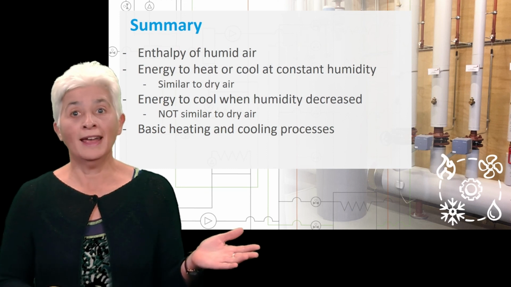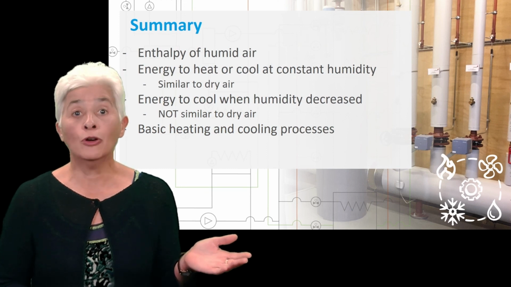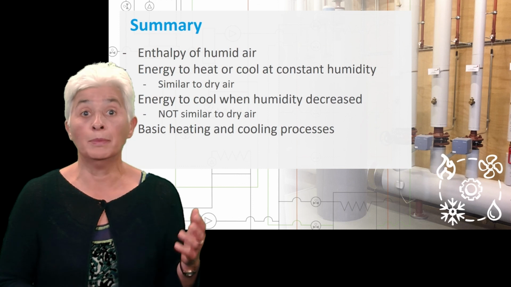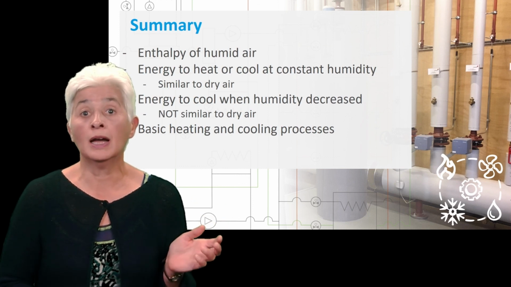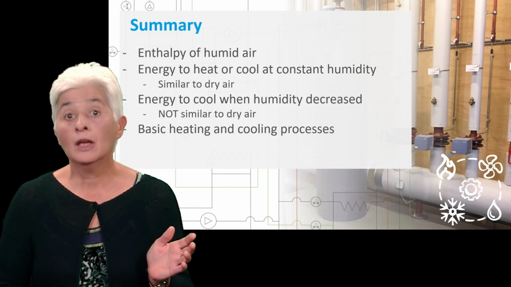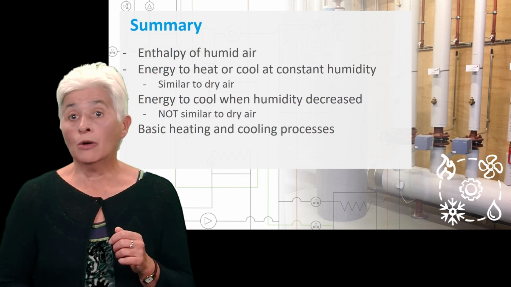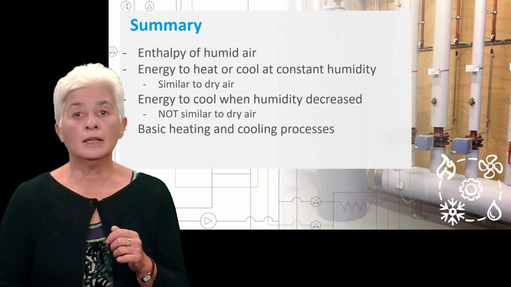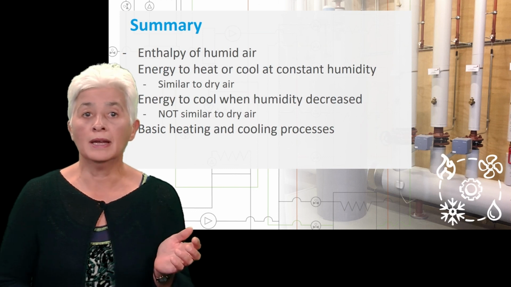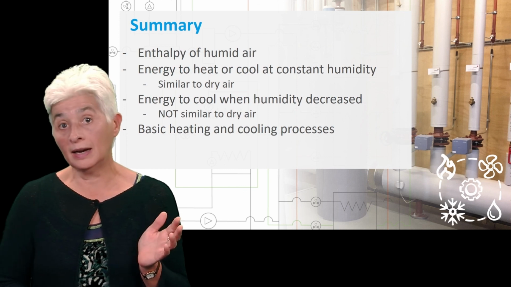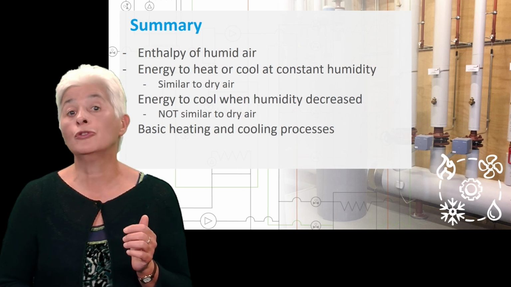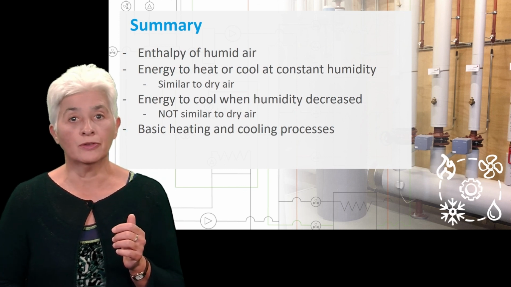This brings us to the end of this lecture, in which you have learned how to calculate the enthalpy of humid air and how to read its value on Mollier and psychrometric charts. You also know now that the quantity of heat needed to heat or cool humid air can very well be calculated, assuming it is dry air, as long as the absolute humidity remains constant.